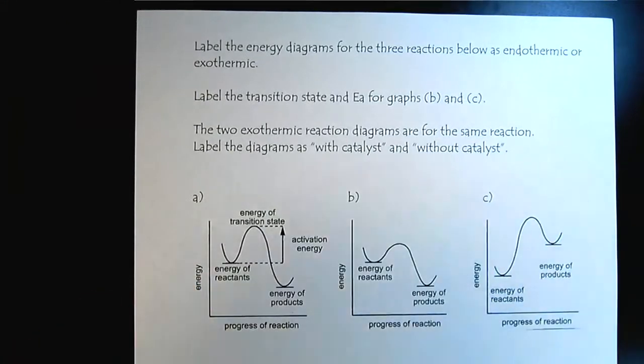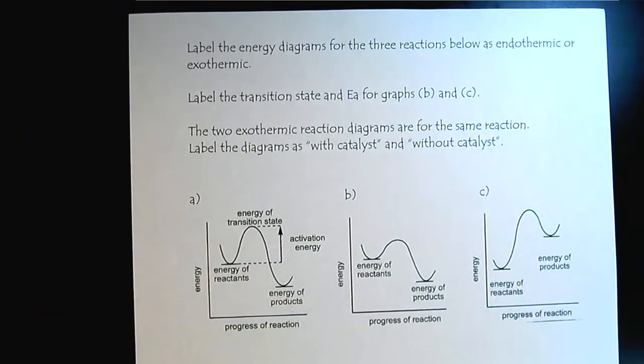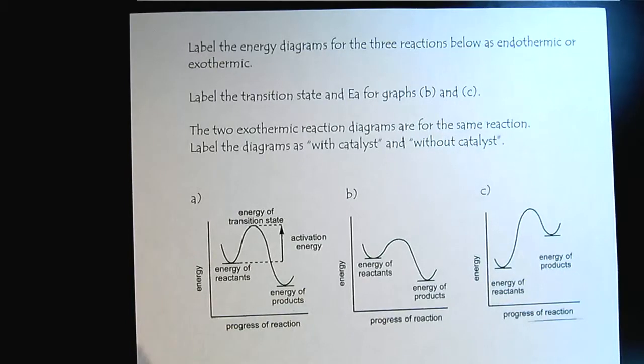And so here's an opportunity for you to practice labeling reaction energy diagrams. So I'll go ahead and give you some time to do that. And then we'll compare answers, right?